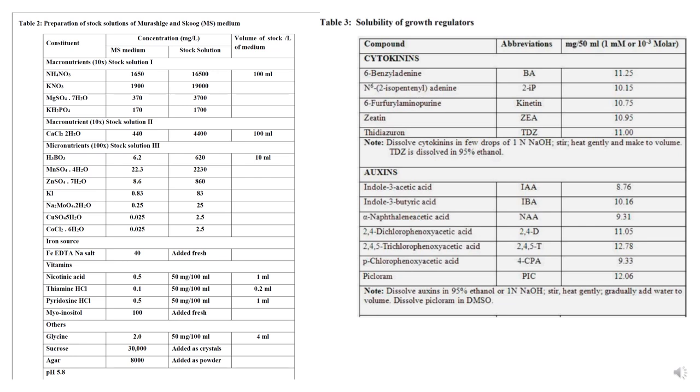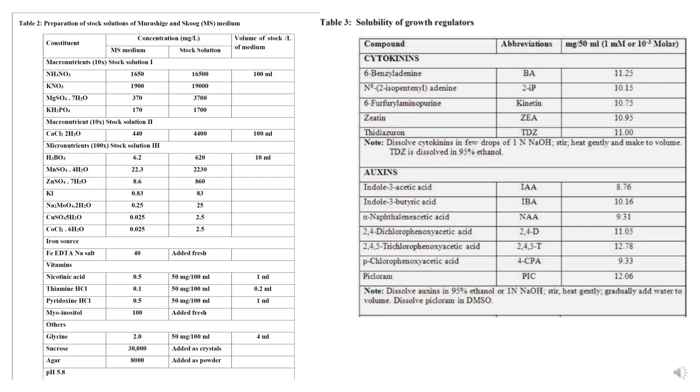So now the macronutrient composition, that is of stock solution 1, it consists of ammonium nitrate, potassium nitrate, magnesium sulfate, potassium hydrogen sulfate. And if we suppose we are making 1 liter of MS media, then we require 1650 grams of ammonium nitrate, 900 grams of potassium nitrate, 370 grams of magnesium sulfate, and 170 grams of potassium hydrogen sulfate.